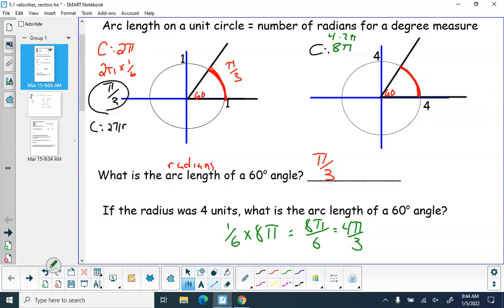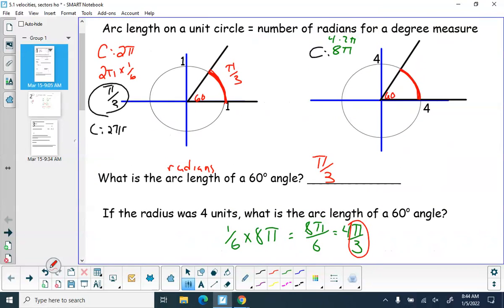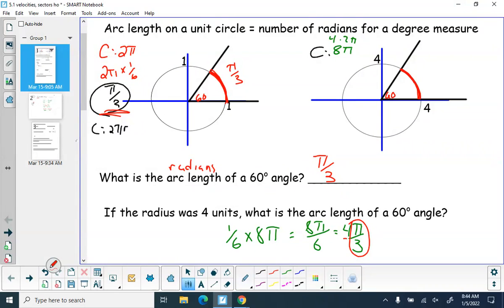But the thing we want to take a look at also is to dig a little bit deeper in this. Here we have our pi over 3, which is the same as this pi over 3 over here. Here we have the value of 4, which is our radius.